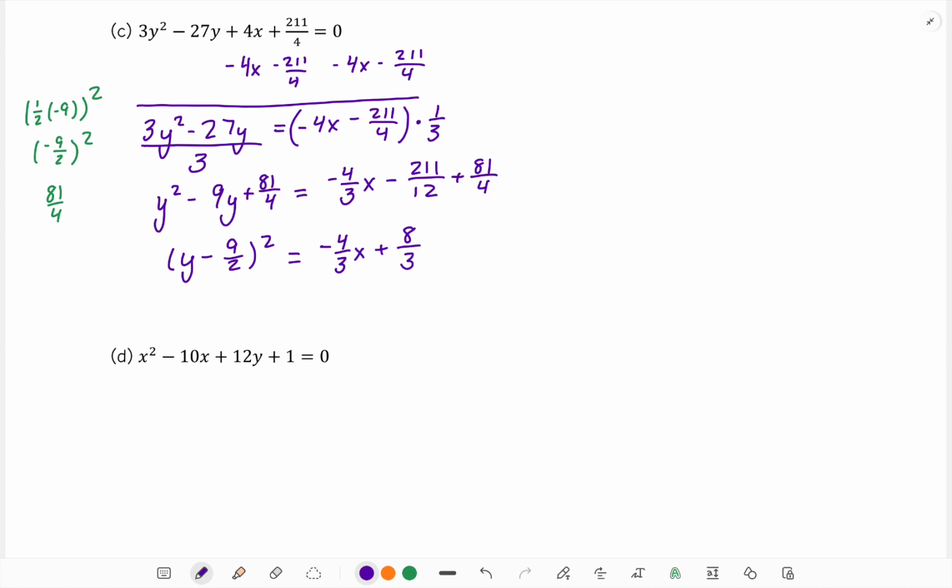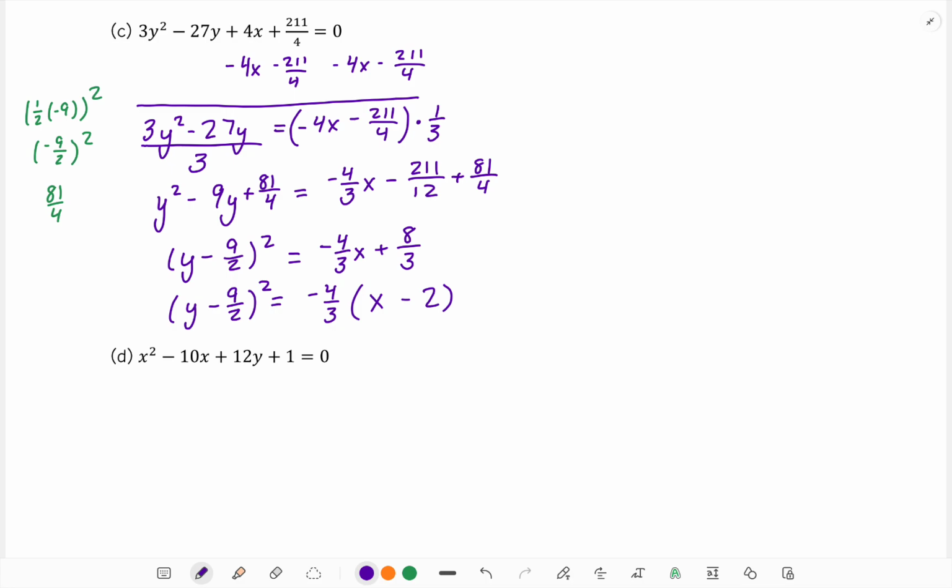Now we're close to having it in standard form, but just like the coefficient on the y has to be a 1, the coefficient on the x has to be a 1. So we are going to factor out the negative 4/3. Now when you factor that out, that's the same as dividing by negative 4/3. So we get x minus 2.